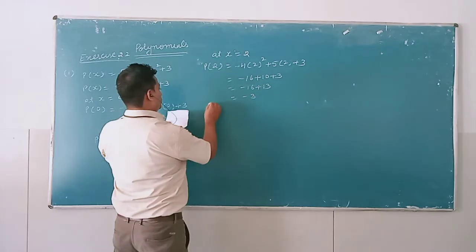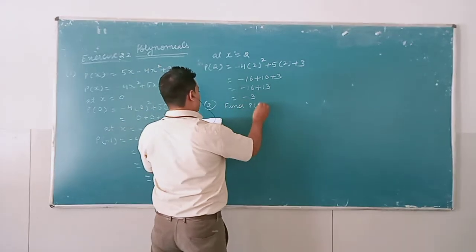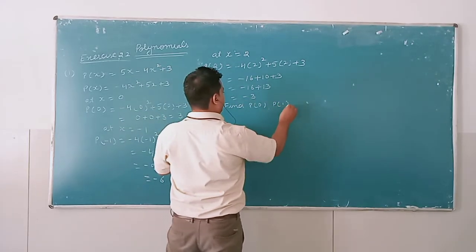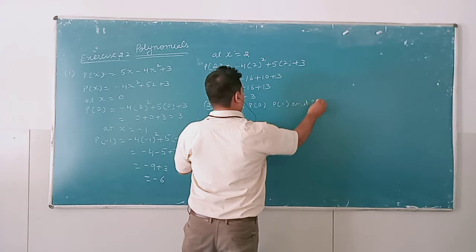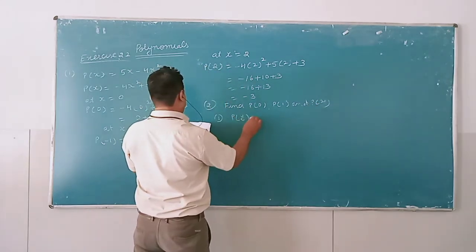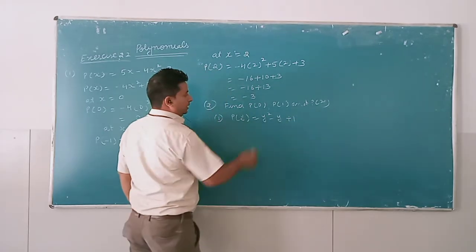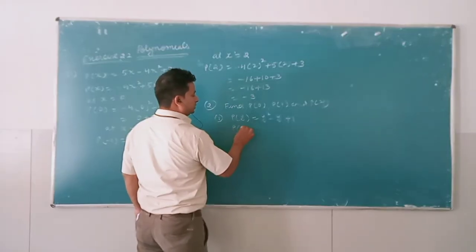In question number 2, find p(0), p(1) and p(2). In the first part, the polynomial is p(y) = y² - y + 1. First we put y = 0.